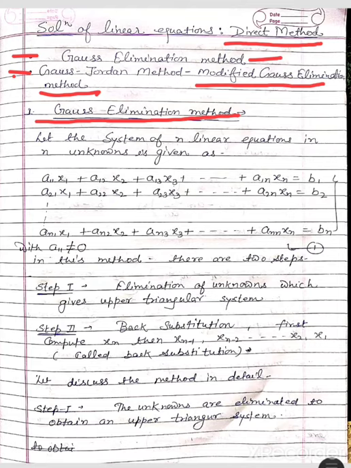For this, let the system of n linear equations in which there are n unknowns x1, x2, x3 up to xn. So we have a set of n linear equations having n unknowns, x1, x2 and so on up to xn.